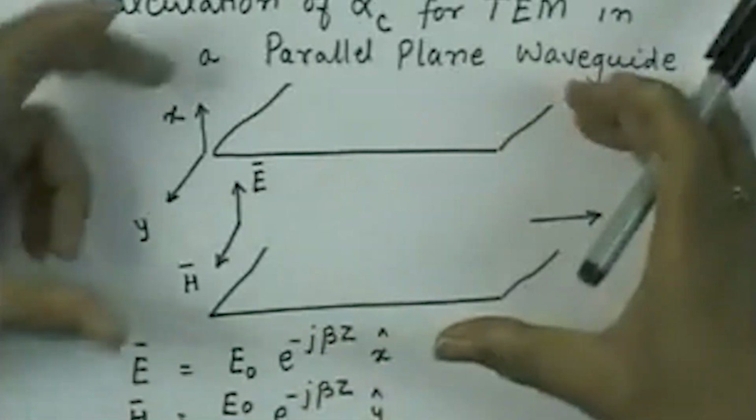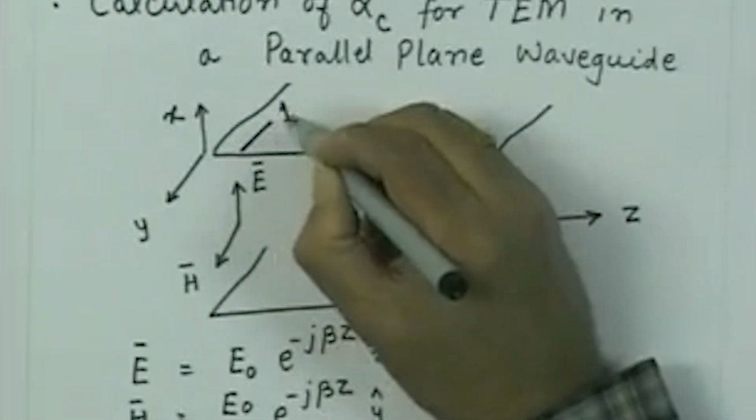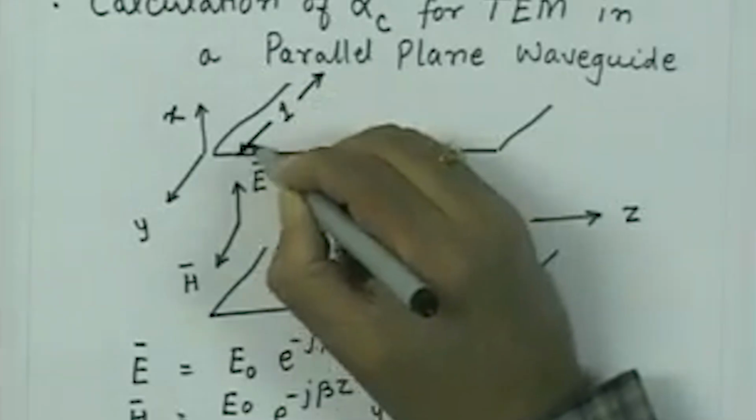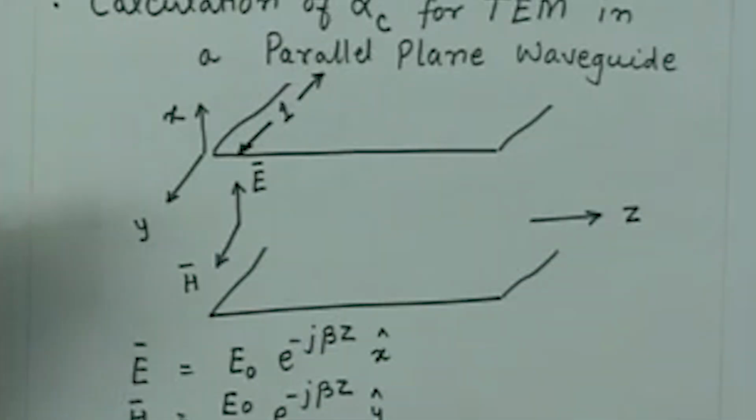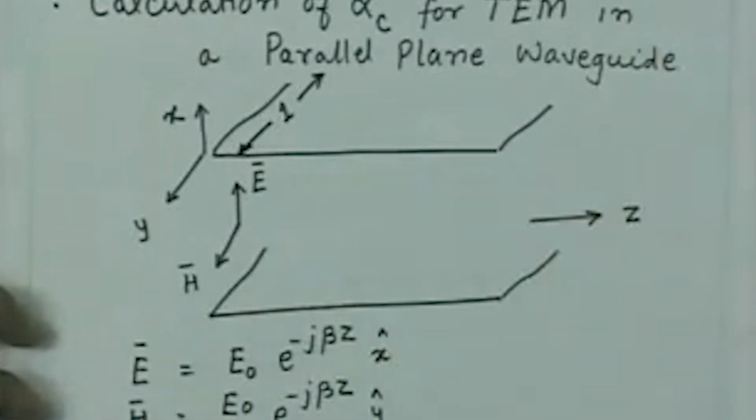So if I take a piece of this waveguide which is of unit width in y direction, what is the power loss in the unit width of the waveguide, what is the power carried by unit width of the waveguide, and then from there I can calculate the attenuation constant of the waveguide.